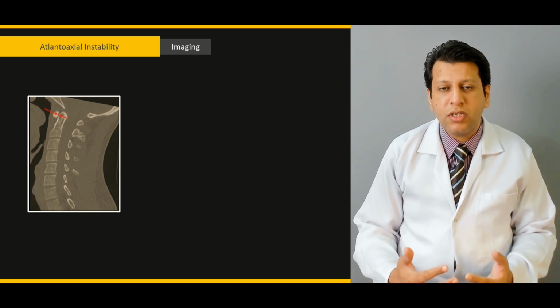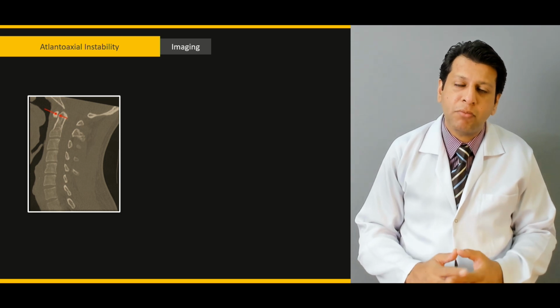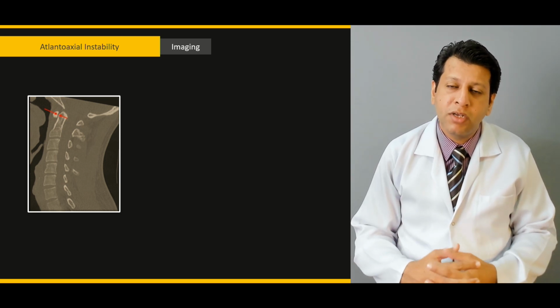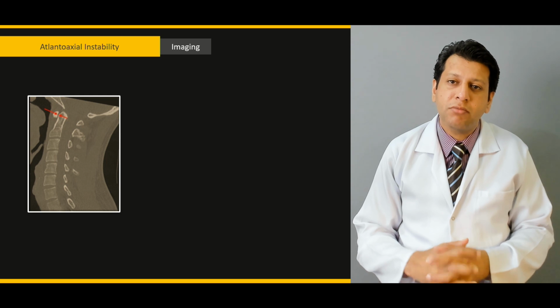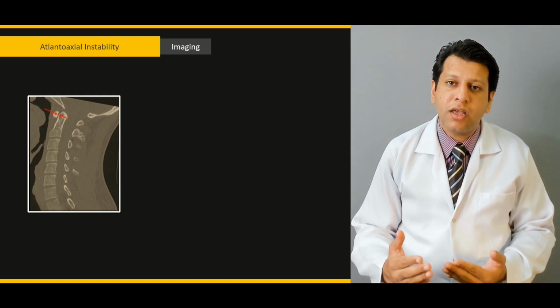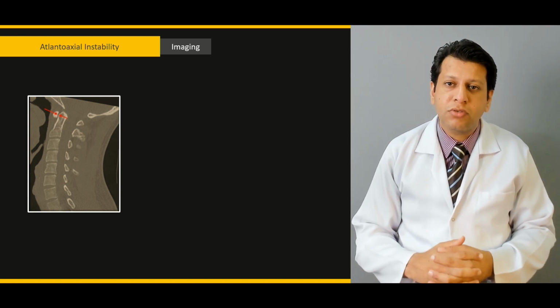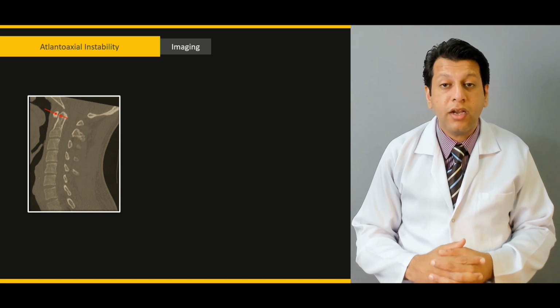Normally it should be less than 3.5 to 5 mm. But if it is more than 5.1 mm, this usually denotes that there may be an associated injury to the transverse ligament, as a result of which the dens is displaced into the spinal cord, leading to an increase in the ADI.